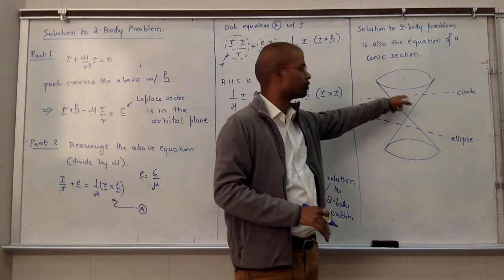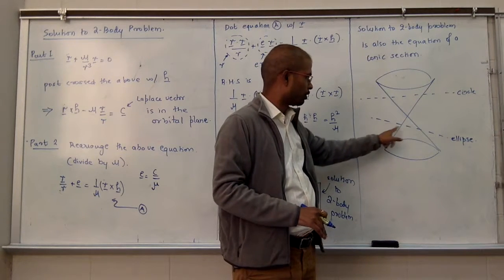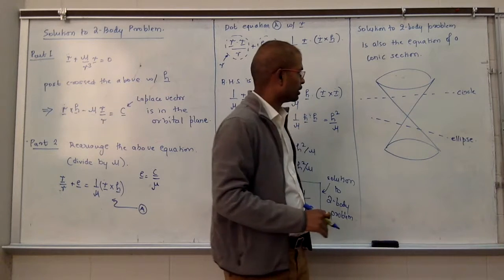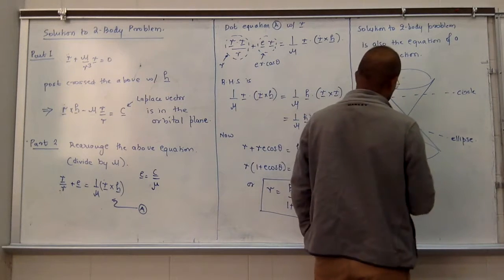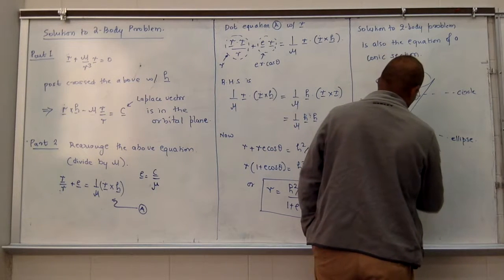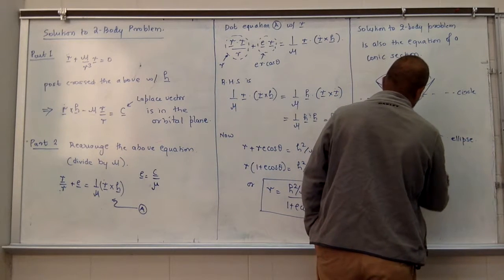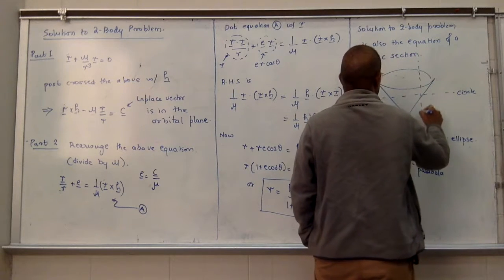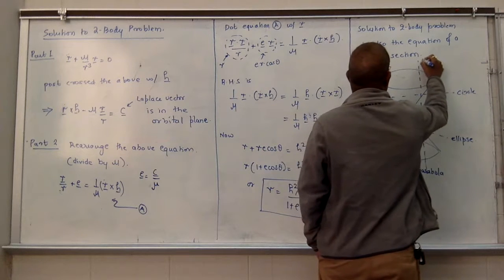The top view of this would be a circle. The top view of this would be an ellipse. If you section it this way, you're going to get a parabola. And then the hyperbola.